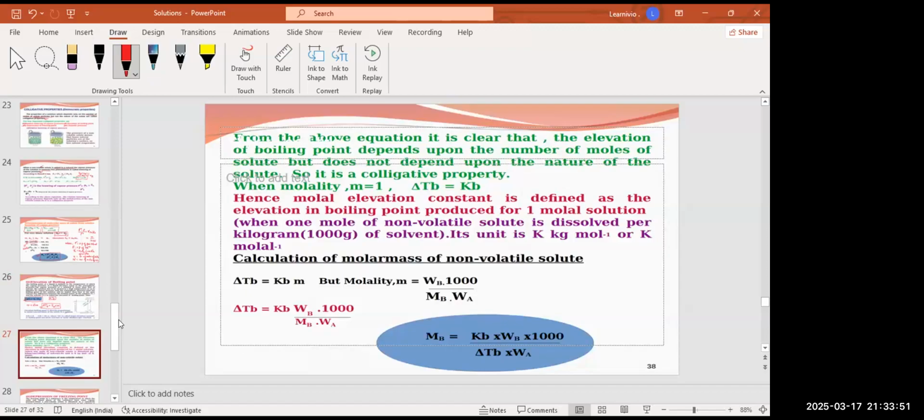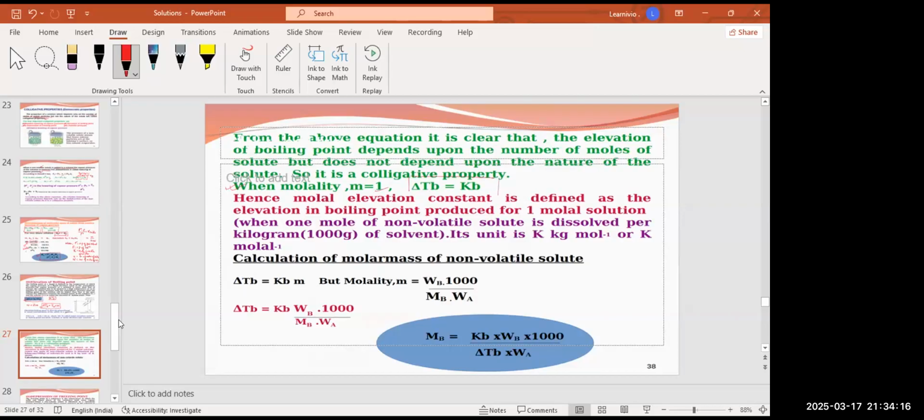Okay. So from the above equation, it is clear that elevation of boiling point depends on the number of moles of solute, right? But it doesn't depend upon the nature of solute. That's why it is a colligative property. Let's suppose that if the molality is 1, what will be the delta TB value?